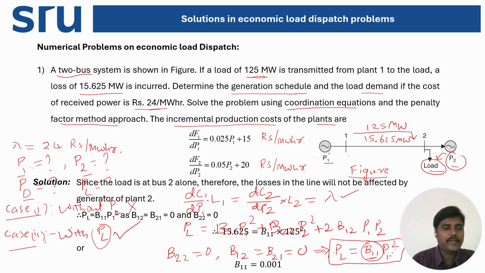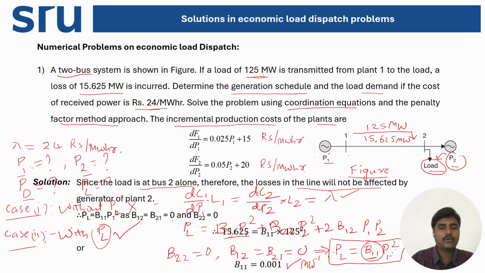Here you can see, as I mentioned, since the load is at bus 2 alone, the losses in the line will not be affected by the generator of plant 2. That's why PL becomes B11 P1 square, since B12, which is equal to B21, is equal to 0 and also B22 is equal to 0. Once you substitute the PL value as 15.625 and the P1 value 125, we get B11 as 0.0011, and the unit is megawatt inverse.